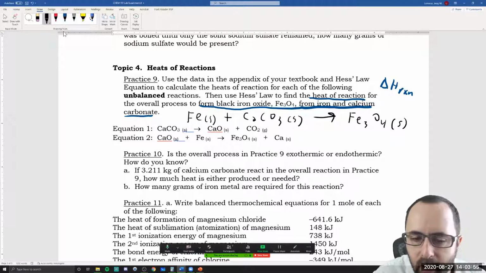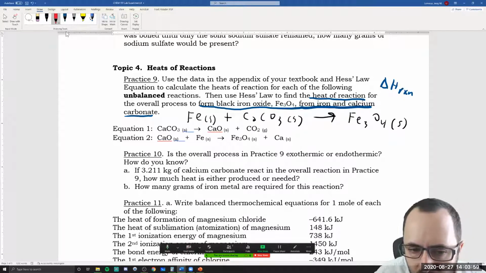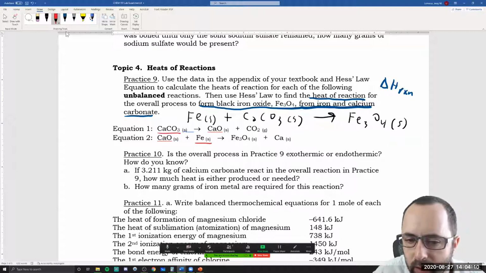And so let's identify within these equations what the important substances involved are. It will be iron right here, calcium carbonate right here, and the black iron oxide as they call it.